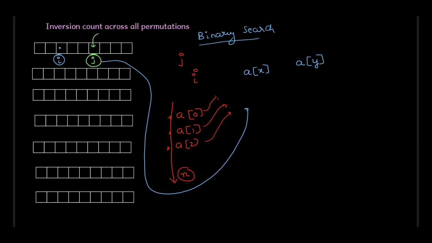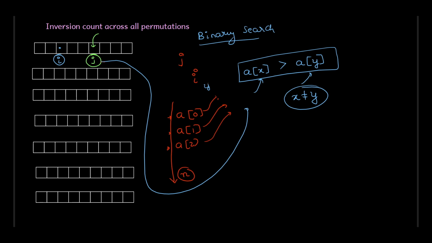So if you can just find out how many times you can create a[x] and a[y] such that a[x] is greater than a[y] and x is not equal to y, that simply is your contribution of all the y's combined.